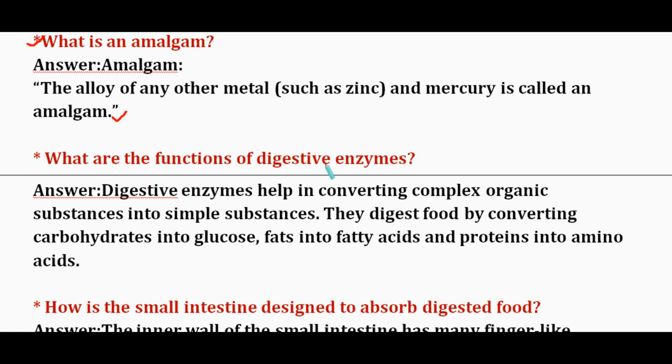What are the functions of digestive enzymes? Digestive enzymes help in converting complex organic substances into simple substances. They digest food by converting carbohydrates into glucose, fats into fatty acids, and proteins into amino acids.